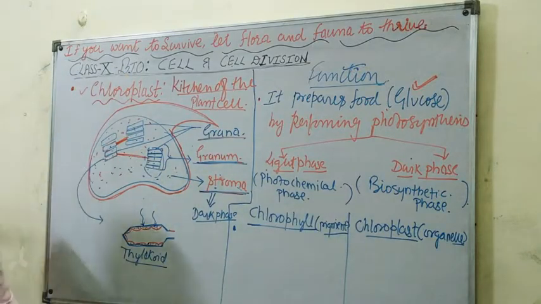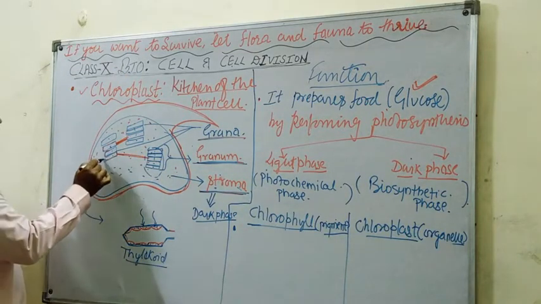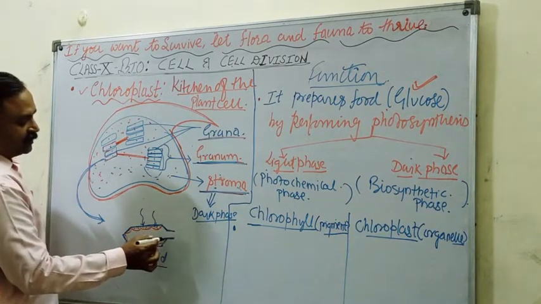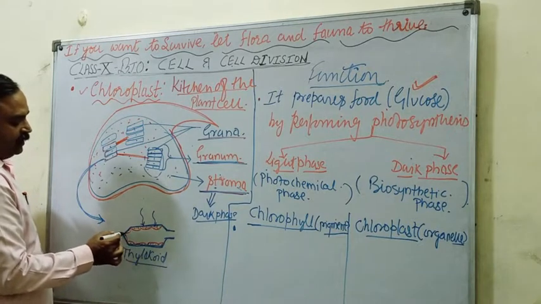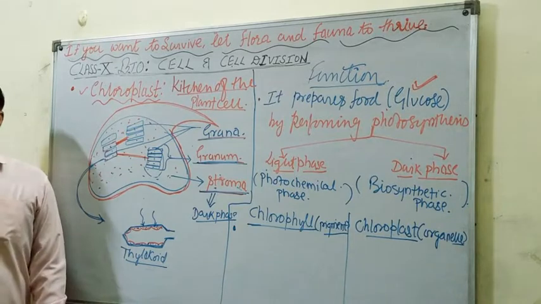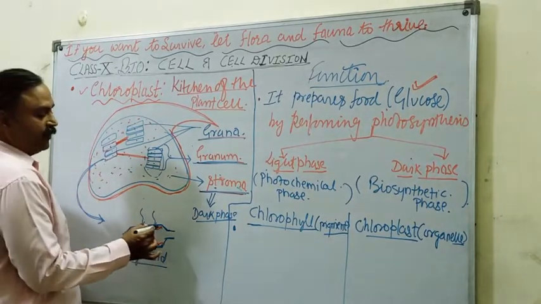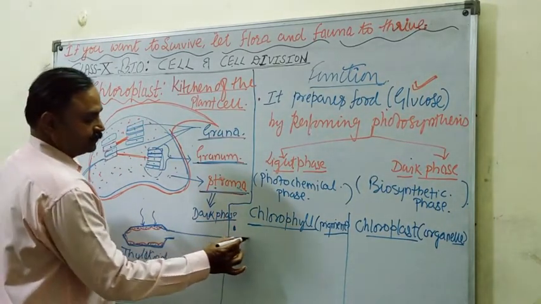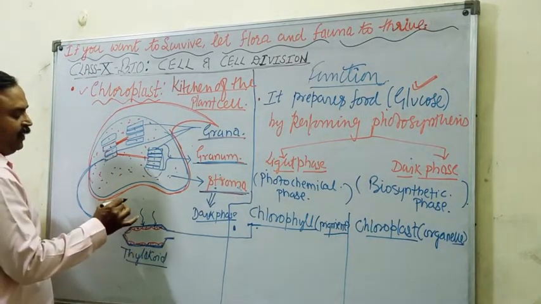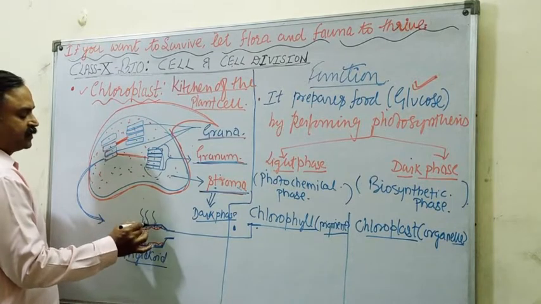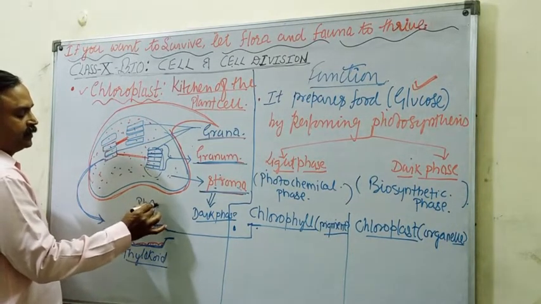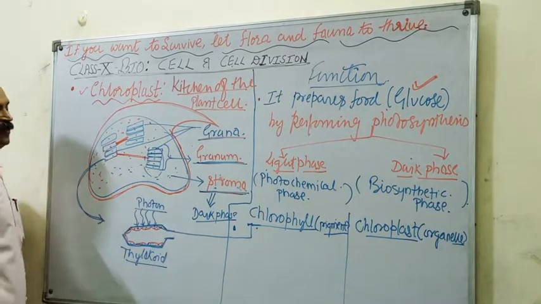Now in detail, what is a thylakoid? When we study one thylakoid in detail, it is a coin-like structure lined with chlorophyll. And chlorophyll has the ability to trap sunlight in the form of photons.